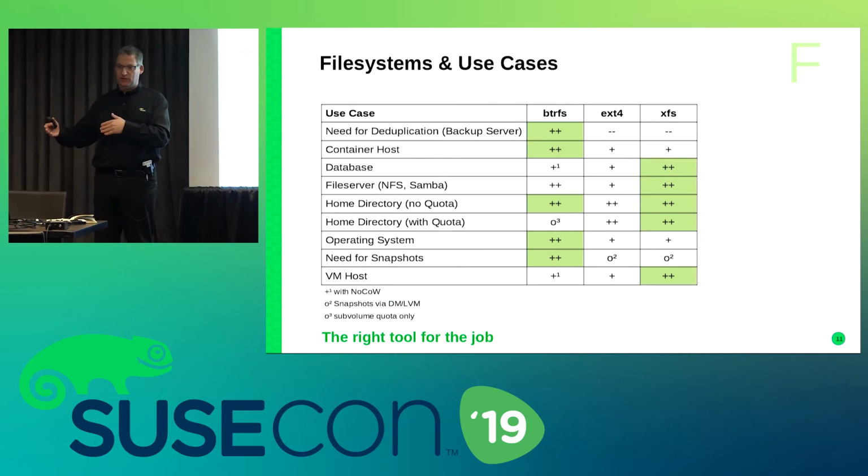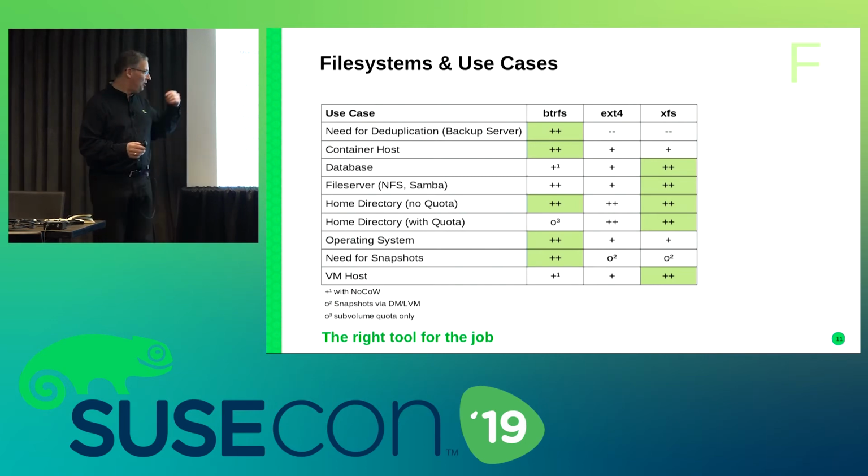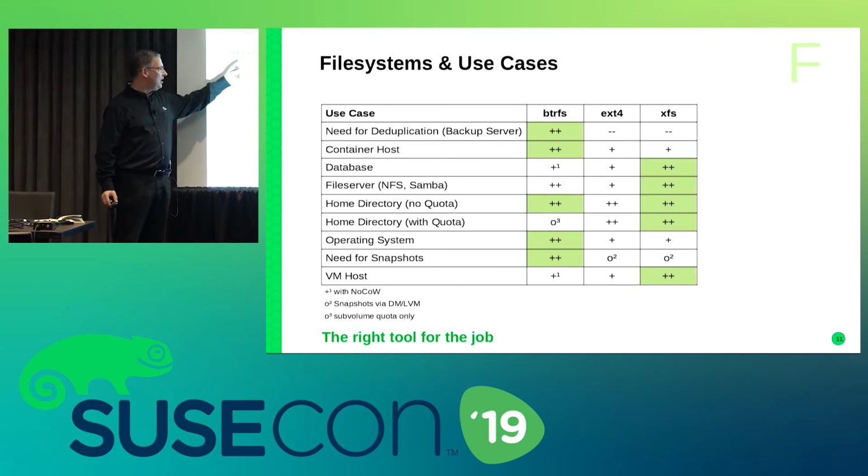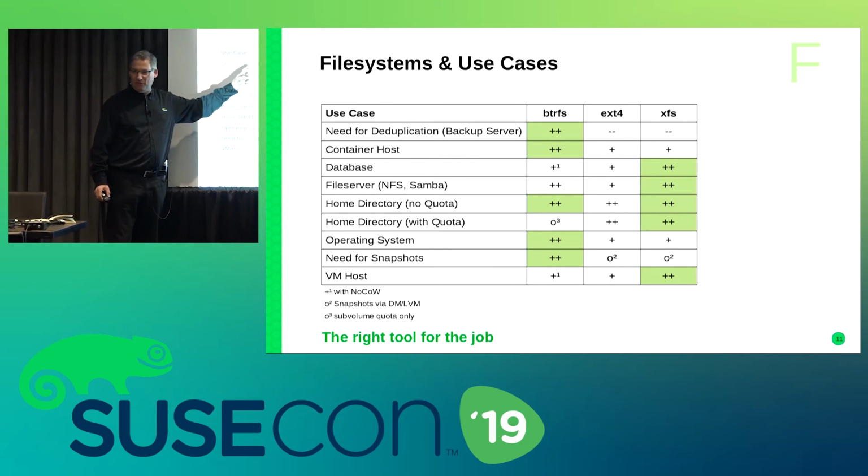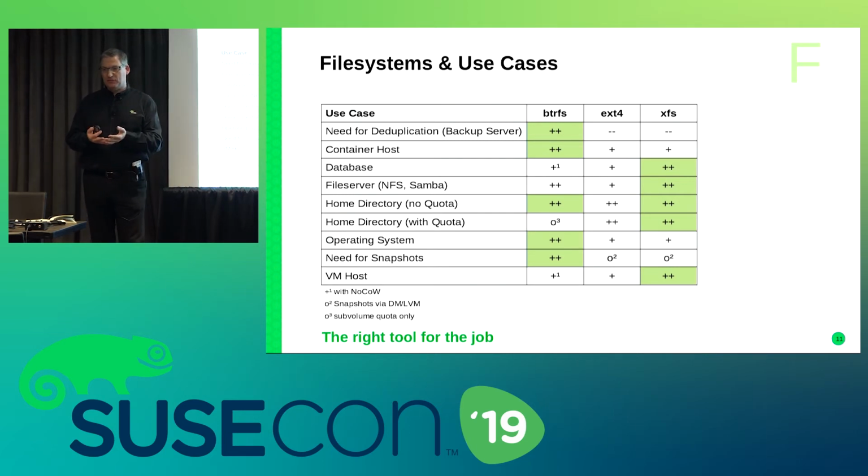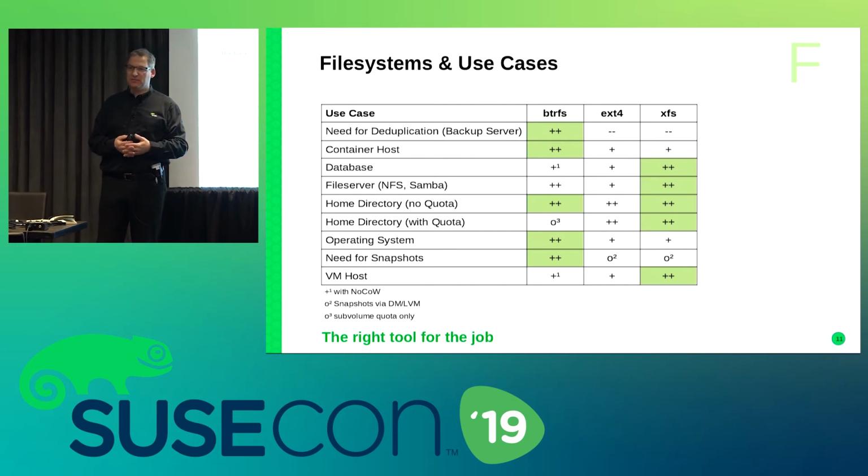So not for running virtual machines, where we really recommend XFS, but for backup, not because he wants to use snapshots, but because of the deduplication effort that otherwise would be huge. With Btrfs, they can save a lot of space across all these different backup systems.